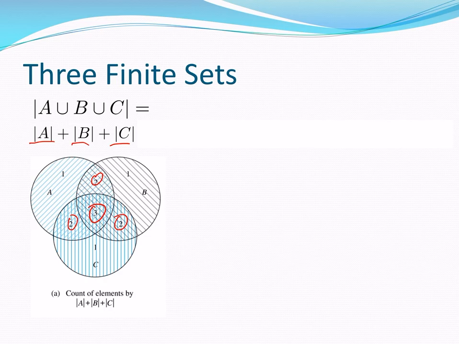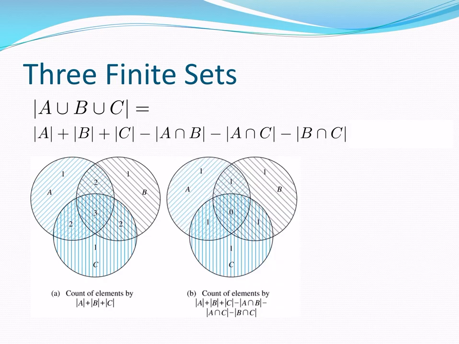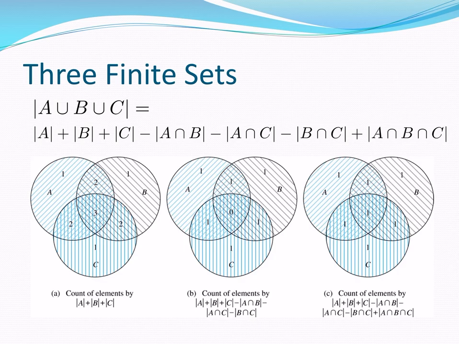So let's first subtract off a copy of the cardinalities of the two-way interactions. And once I do that, my 2 goes to a 1 in every case. But notice that since I've subtracted it 3 times, my 3 counting of the triple intersection has gone to 0, so I need to add a cardinality back in to make sure I only have a 1 and am counting everything only once.